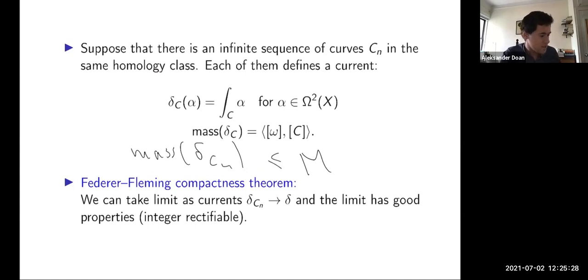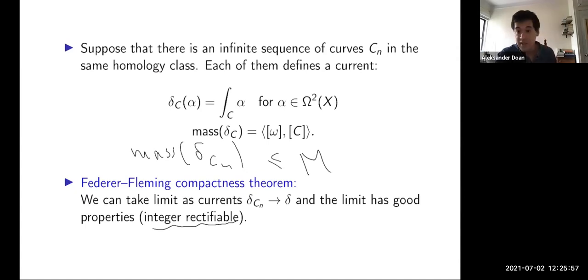So you can think of it that these are currents given by integrating over countably many submanifolds, which can possibly intersect in a very complicated way. But still, they are much better than just a generic current, which is just a function on the space of 2-forms. So in any case, we get this limiting current.